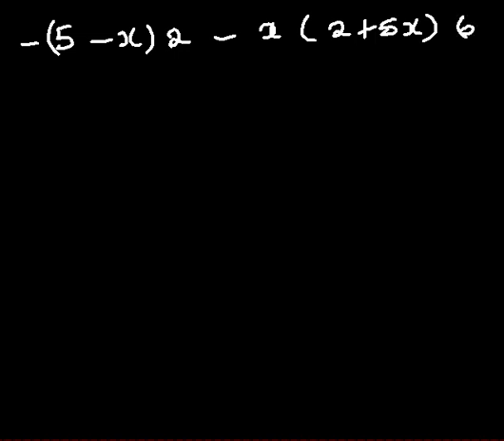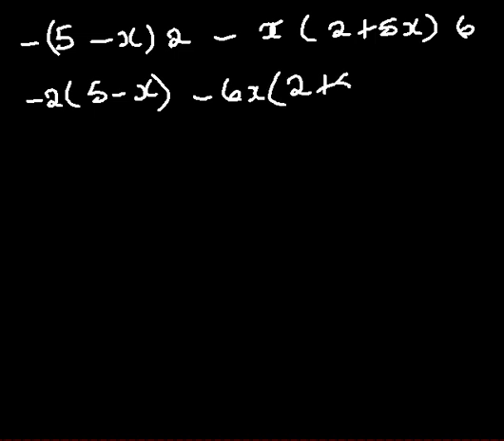How do you think you can have this? As you can see, we have negative and we have positive, and all these are multiplying this. So now this is the same as having negative 2 open bracket 5 minus x, and also this is the same as having negative 6x open bracket 2 plus 5x. Then take it from there.